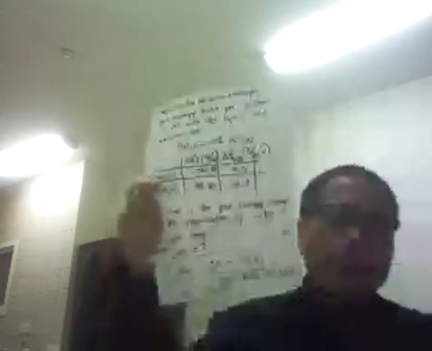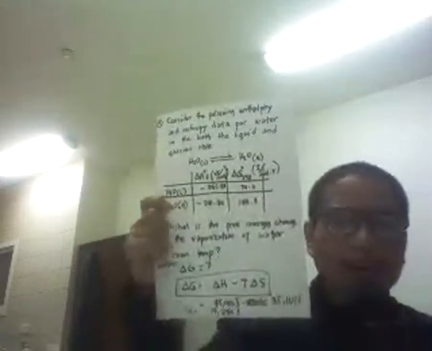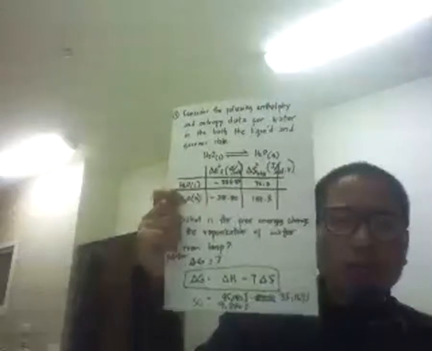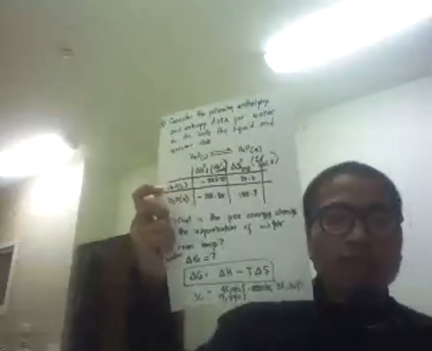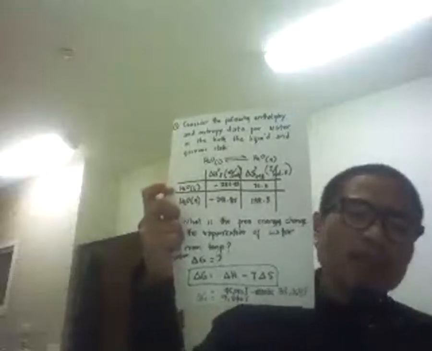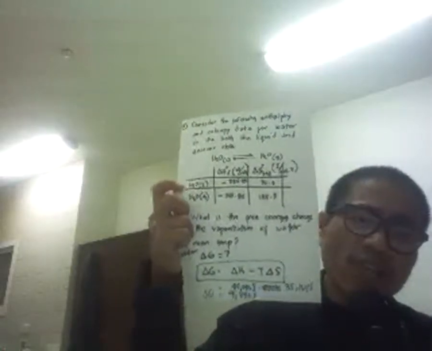It is a positive value, so therefore this is non-spontaneous, because a positive value of delta G is non-spontaneous.